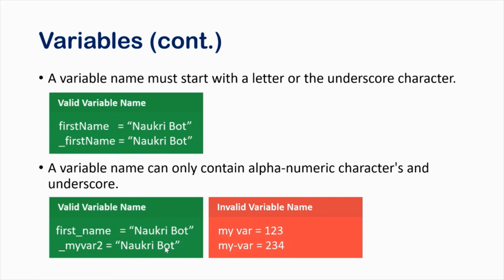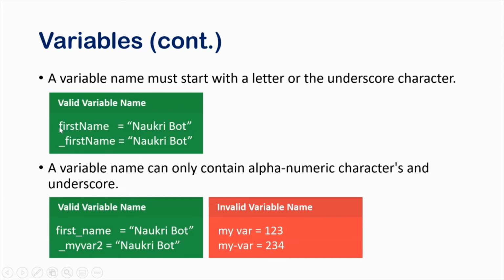Next, what are the things we need to know when we create a variable name? The first thing is, a variable name must start with a letter or an underscore character. Here we can see the first statement: a variable name must start with a letter.